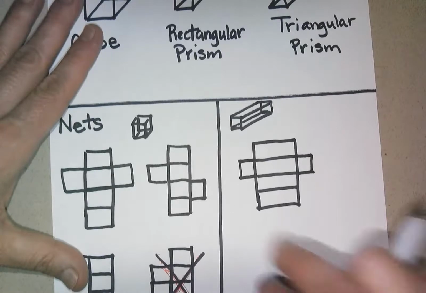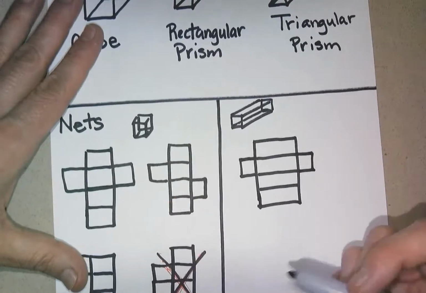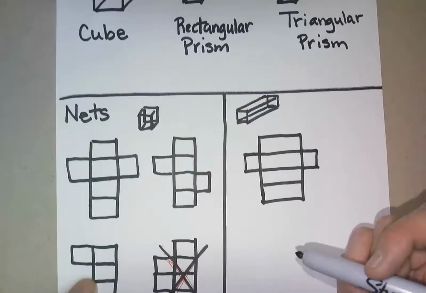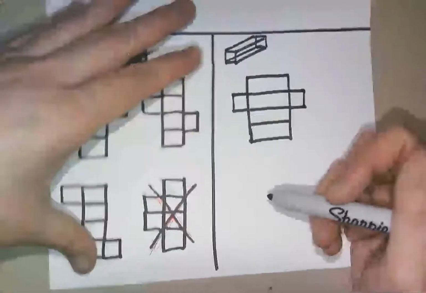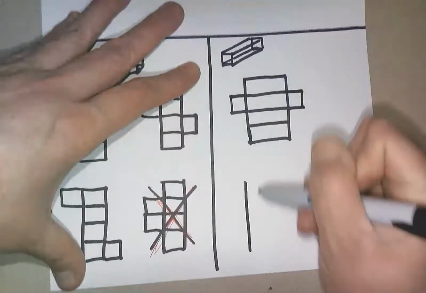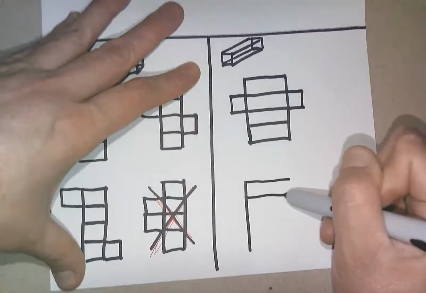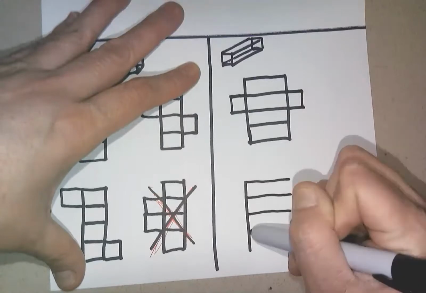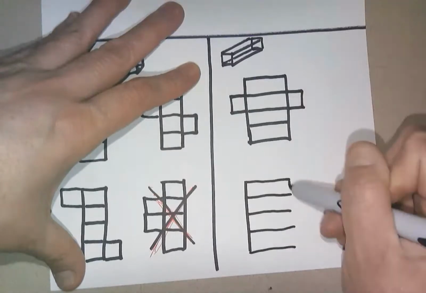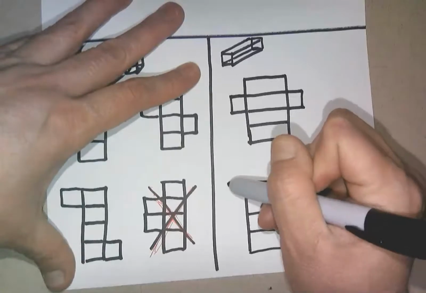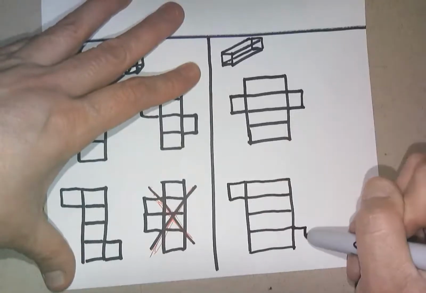And I could also draw it like this. I'll draw this one down here. It's long like a rectangle. 1, 2, 3, 4. And I can put my square right here and my square right here.